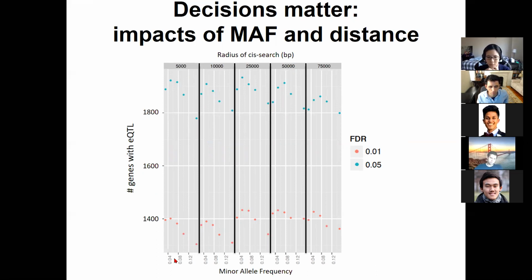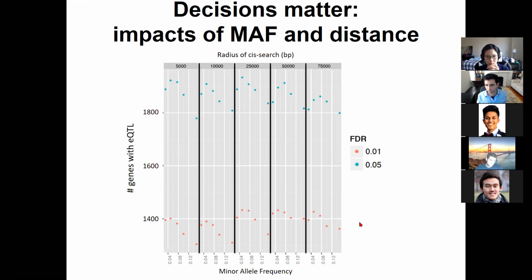If I include more and more variants by going to lower and lower allele frequencies, do I discover more SNPs, more genes with eQTLs? And the answer is that yes, sure. As you include more variants at low frequency, then you discover more eQTLs, but up to a point, and then it drops off. And the reason it drops off is because of multiple hypothesis testing. You simply don't have the power to discover more of those QTLs, but your multiple hypothesis burden is increasing dramatically, causing the total number of genes at a given FDR to drop.